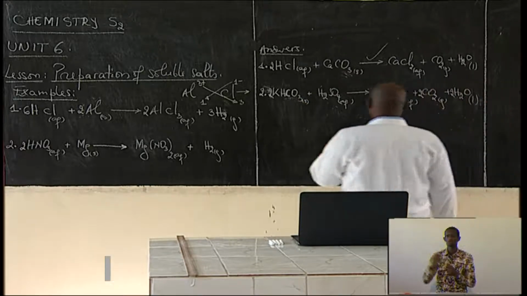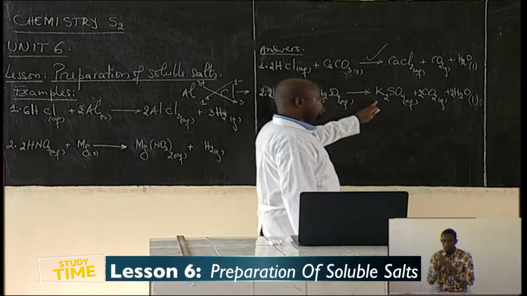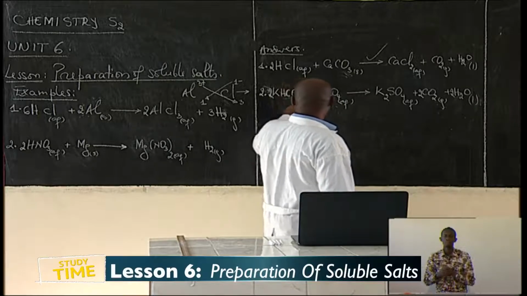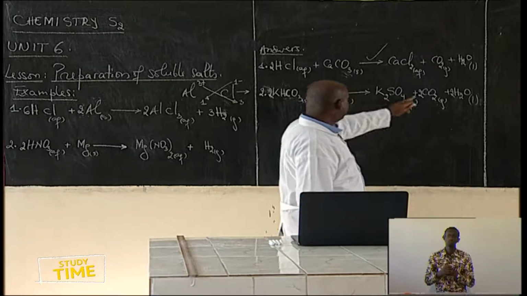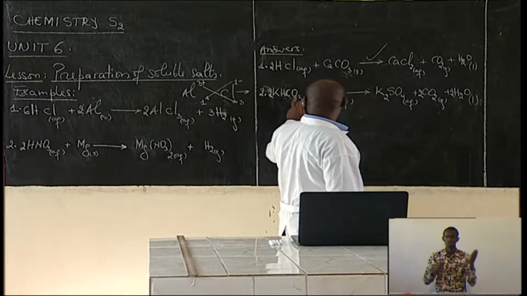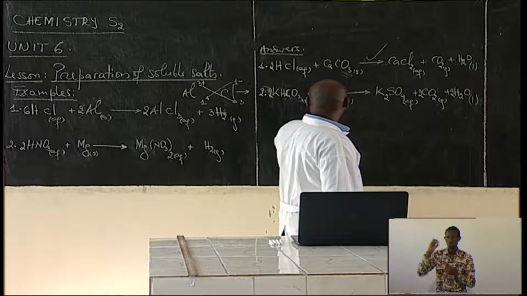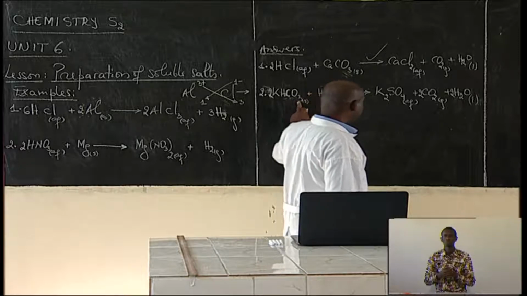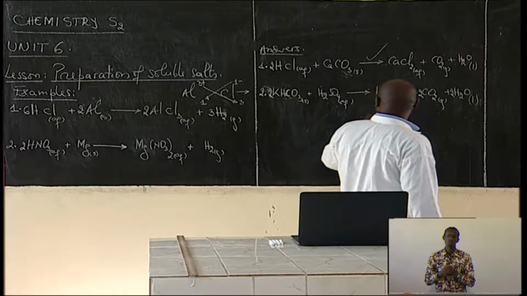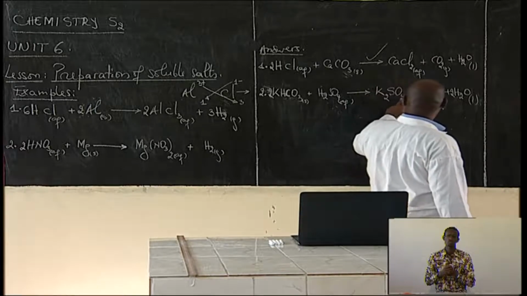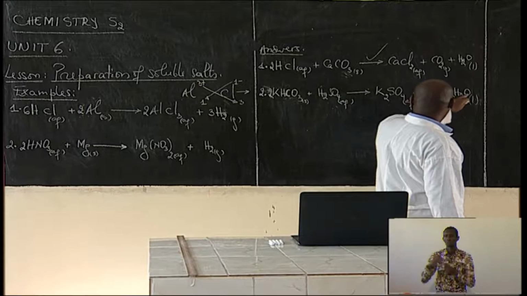Now let us check if it is balanced. Potassium, 2. Hydrogen, we have 4. There we have 4. Carbon, we have 2, and here we have 2. Oxygen, we have 4 plus 3, that is 7. Here we have 4, 8, 10.